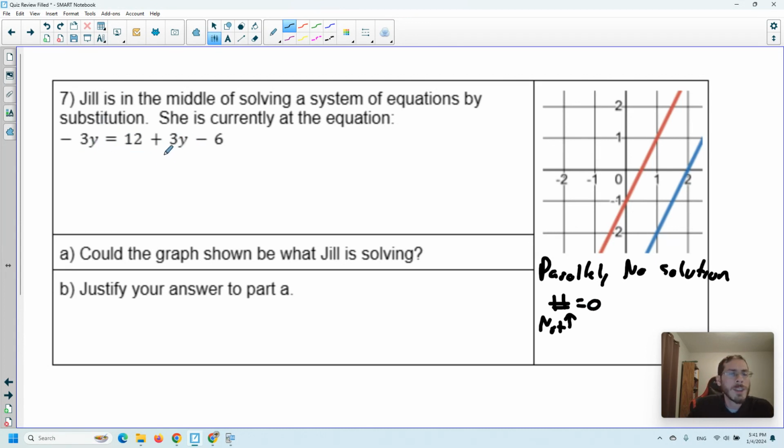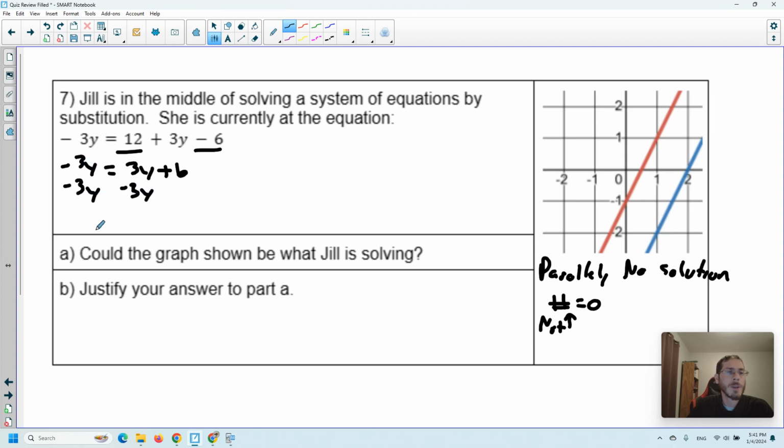So I think right now I'm going to do minus 3y. No, I don't want to do that first. I want to combine like terms first. So negative 3y equals 3y. 12 minus 6 is 6. All right, now I need to get the y's over to the other side. So I'm going to minus 3y on both sides.